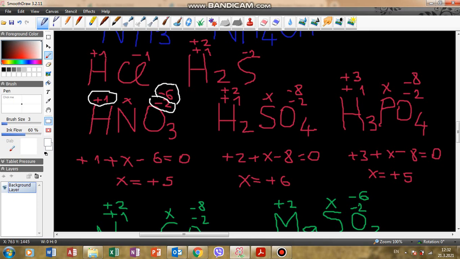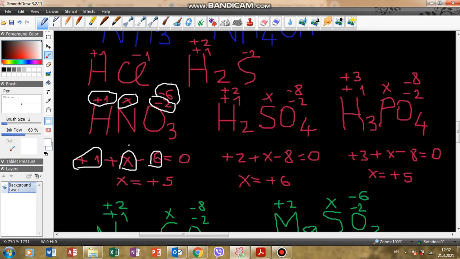So the only unknown charge here is nitrogen, and we are going to calculate it by this mathematical equation: +1, which is hydrogen, plus x, which is the unknown charge of nitrogen, -6 equals 0.